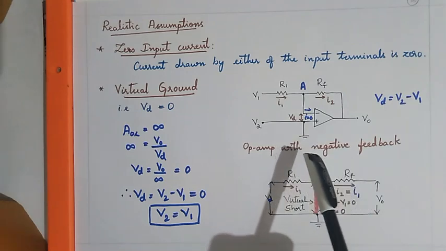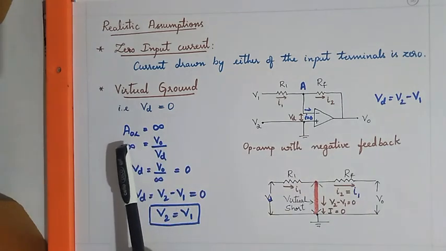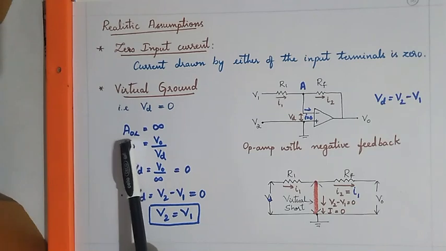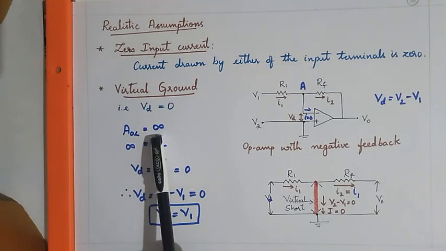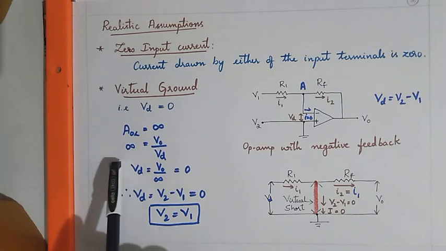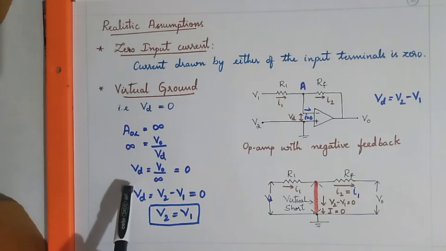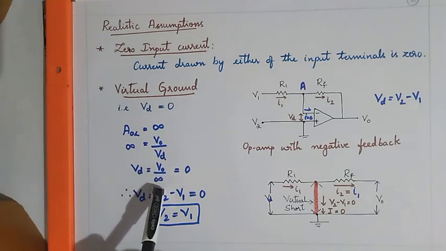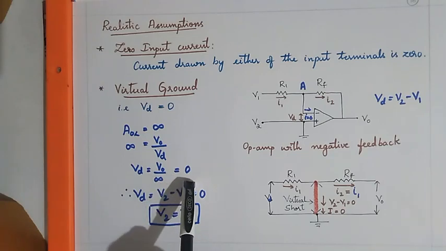It can also be proved that, since the open loop voltage gain is infinite, due to the very large gain, only a very small output voltage appears. Because of the high open loop gain, the differential voltage Vd would be equal to V0 by infinity, which is approximately equal to 0.